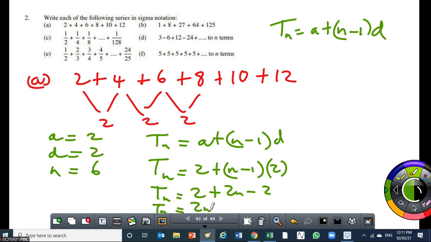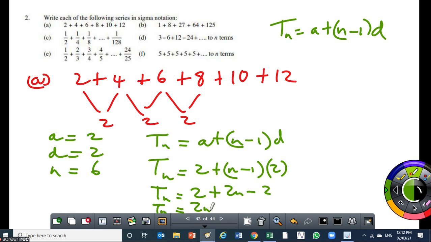Alright? You following that? I want you to pay attention carefully. If you want to write a series using the sigma notation, you have to determine the general term of the sequence of those terms. Okay?